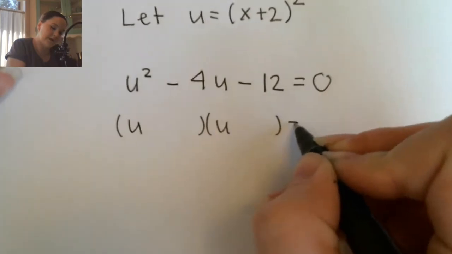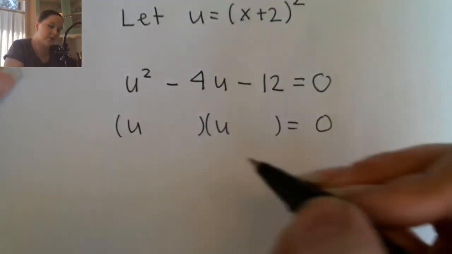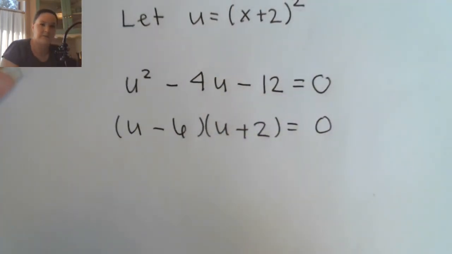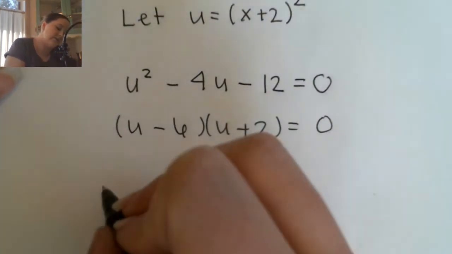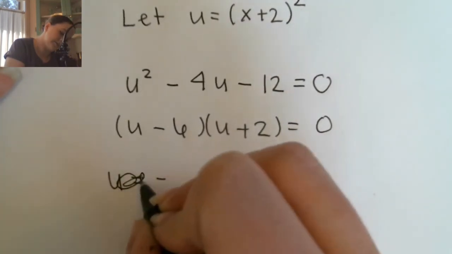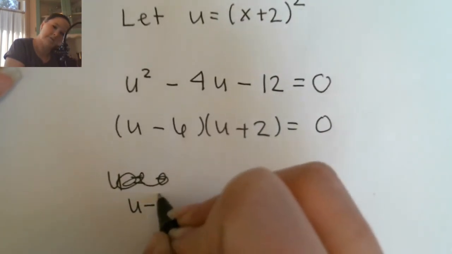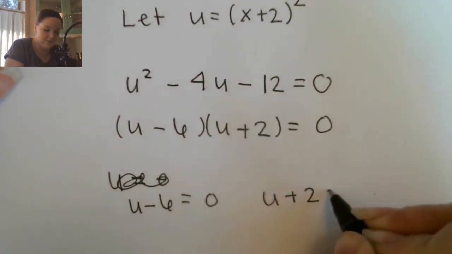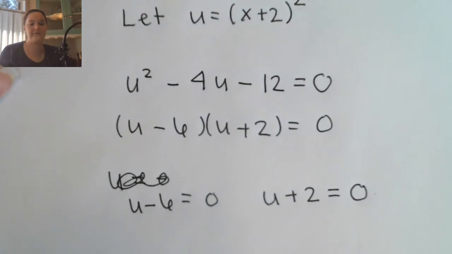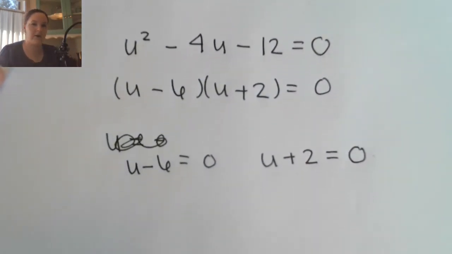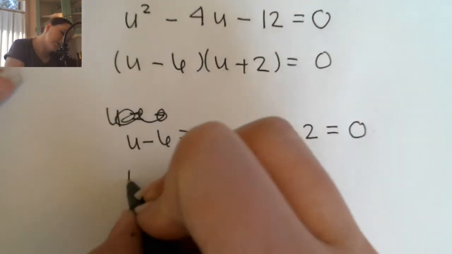I'm looking for things that multiply to 12 and add to -4. So -6 and +2. Then I'm going to set each of my factors equal to 0. You could even isolate the u.